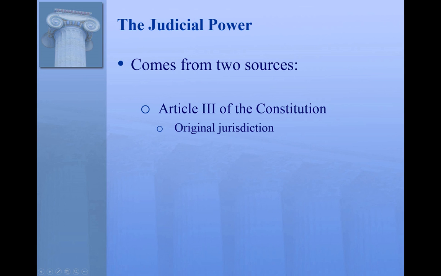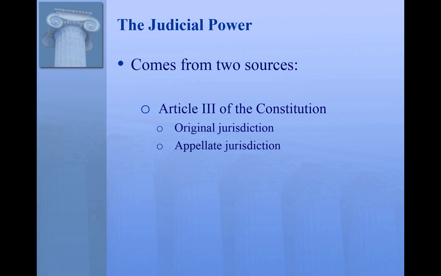And then also Article 3 specifies the court's appellate jurisdiction, which means that it will review the decisions of lower courts, lower federal and state courts, in other words, hear appeals. So the Supreme Court is actually a court that functions both as a trial court and an appellate court.